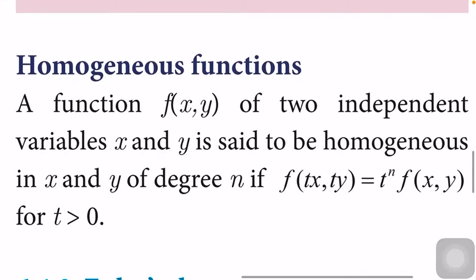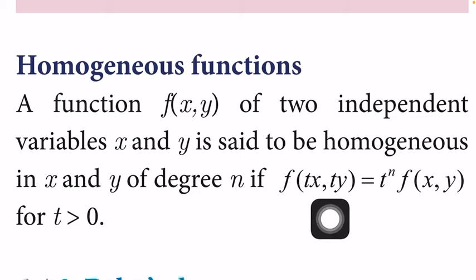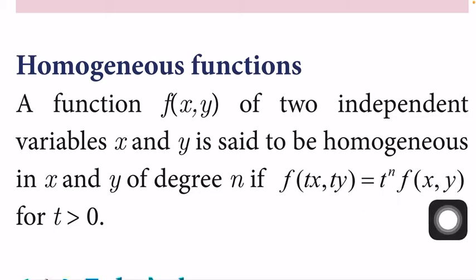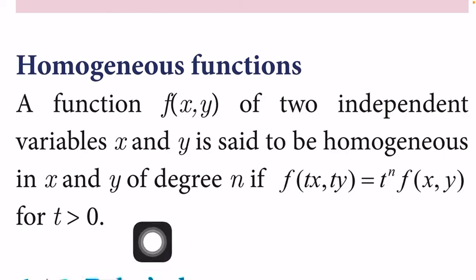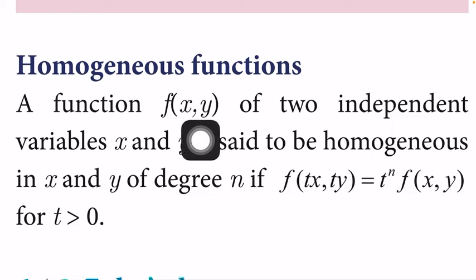Homogeneous function. A function of two independent variables x and y is said to be a homogeneous function in x and y of degree n if f(tx, ty) is equal to t to the power n f(x, y) for t greater than 0. Here f is a function with two independent variables x, y.